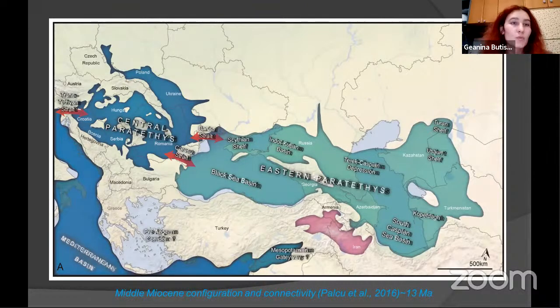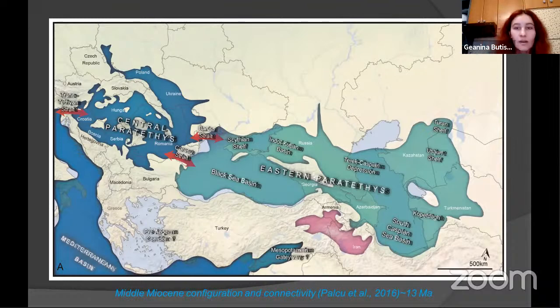The central Paratethys was connected very nicely at a certain point with the Mediterranean through the Trans-Tethyan corridor. And the connection between the two basins, the central and eastern Paratethys, was facilitated by two other straits. They have very local names, Berlad and Carasu. They are both at the border with Romania.